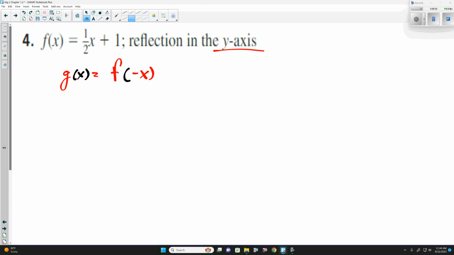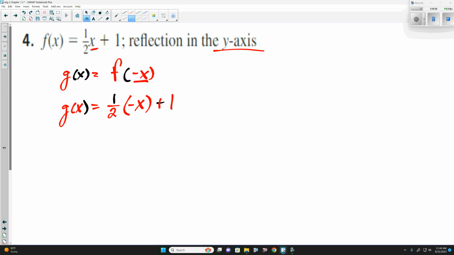Because if we're reflecting across the y-axis, we're replacing every x in the function with negative x. So if we look at f of x, in this case, there's only one place x shows up. It's behind the 1/2. So we'll still have the 1/2, but x is now negative x plus 1.